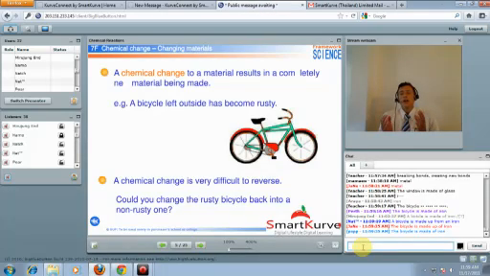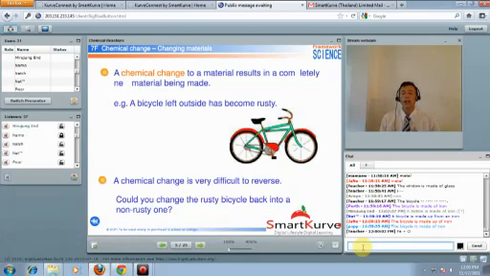Okay, that iron in the bicycle: when a bicycle rusts, the iron bonds to oxygen in the atmosphere. We get iron plus oxygen, and that forms a new bond.